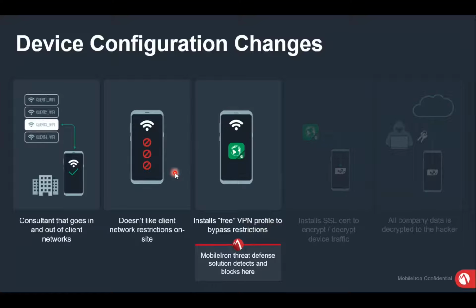If it is genuine, that's okay. If it is not genuine and it tries to decrypt any data and send it to a third party, it will immediately alert or take whatever action the admin has set. So you can set a policy saying if someone tries to install a malicious VPN profile, they cannot access corporate resources, emails, or internal applications.